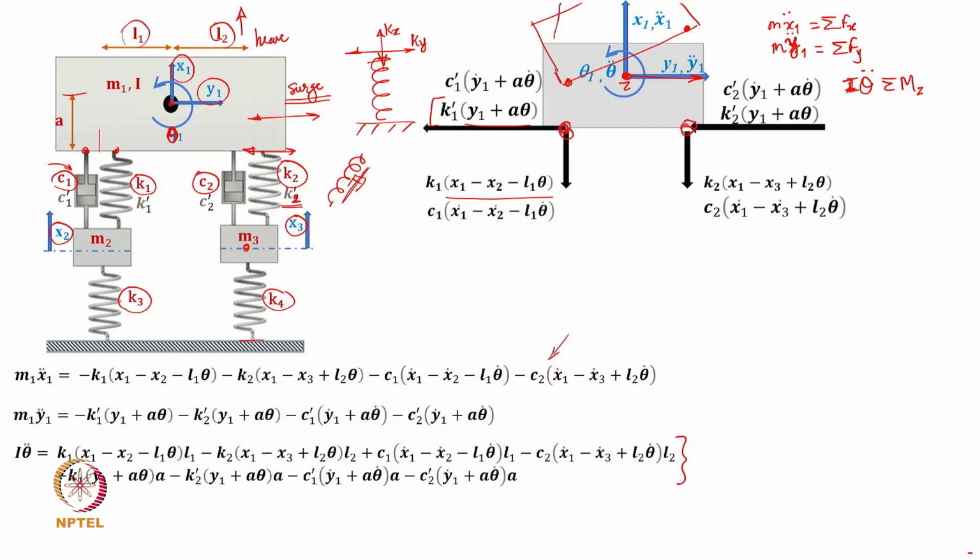All these forces are because of the vertical stiffness and vertical damping, which are K1, C1 and K2, C2 at the two connection points, or the two suspension locations.